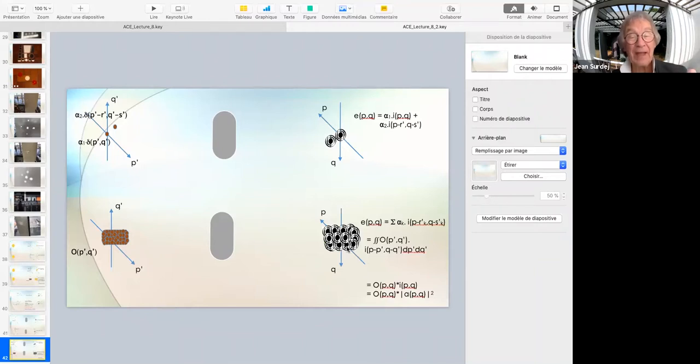This would be a more correct representation of what I wanted to convey. So here, it means that the source has been resolved by the Airy disk. Agree? Here it has been resolved by the Airy disk, so it was useless to make use of an interferometer, right?